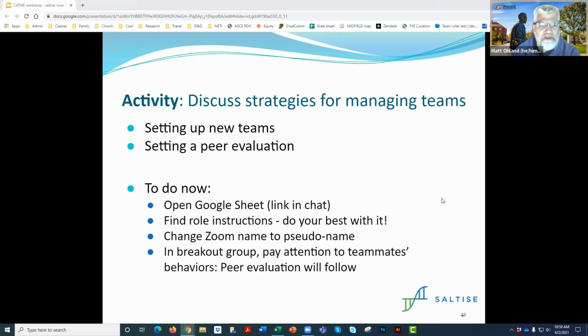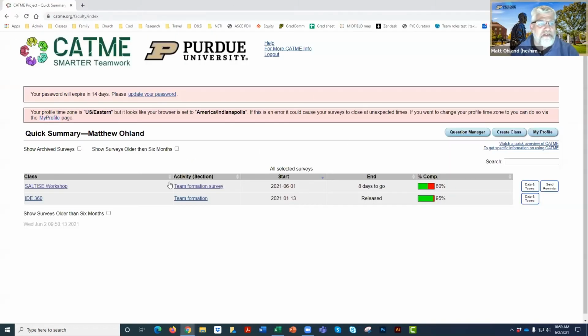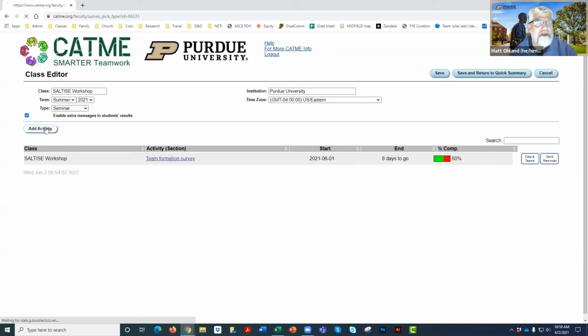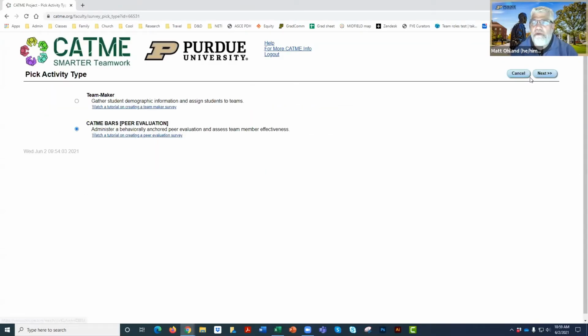Again, you should still be logged in, but the instructions will be new, and I'm going to form new teams for the purpose of this activity, which is no problem. Let me first show you setting up the peer evaluation survey, which is sort of a no-brainer. I go into the class here, and I ask for a new activity, and it assumes I want to do a peer evaluation.